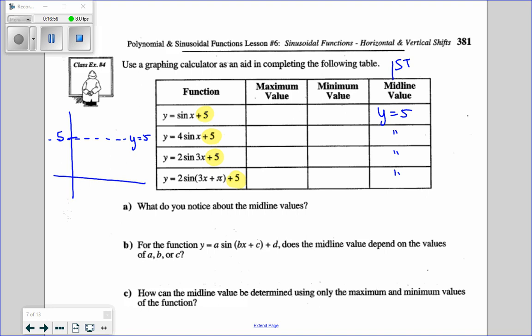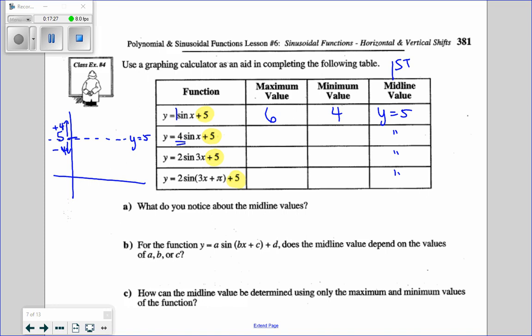Now, for the first one, there's a 1 in front of that sine. So that means you're going to go up 1, down 1. Well, what is going up 1? The top would be at 6, the bottom would be at 4. Make sense? Well, what if it's a 4? So you're going to go up 4, down 4.